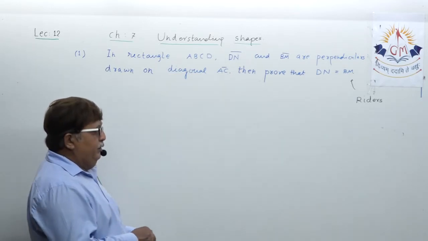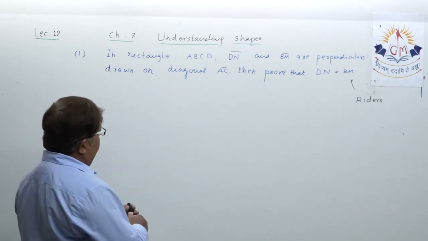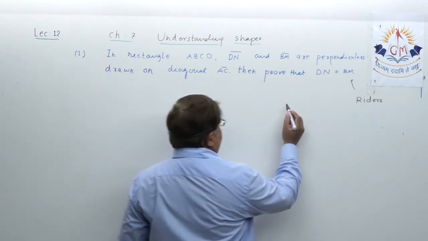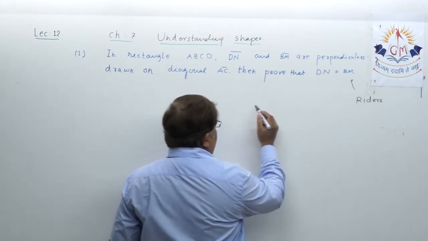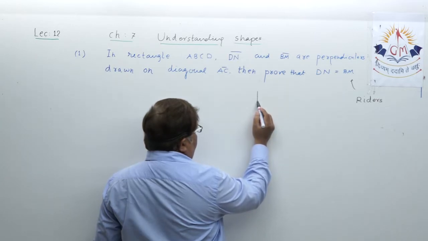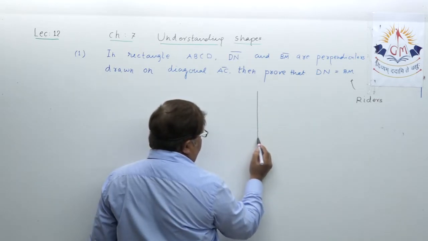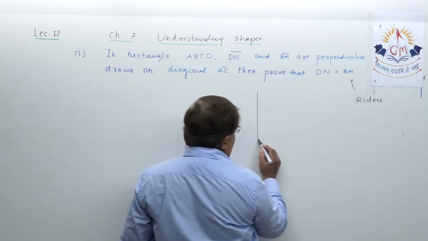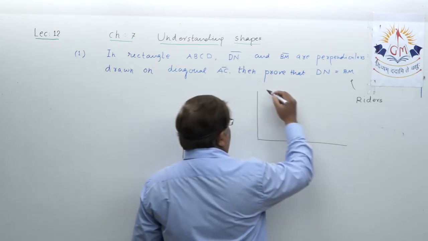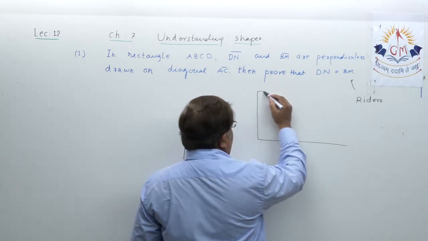Okay, let us, dear student, prove this rider. For that purpose let us first draw a rectangle ABCD. Okay, draw with me a rectangle ABCD.